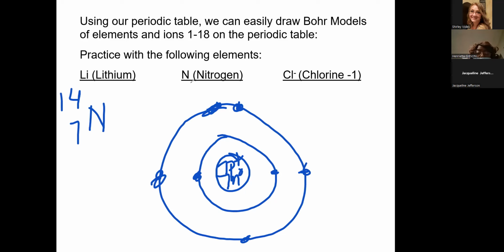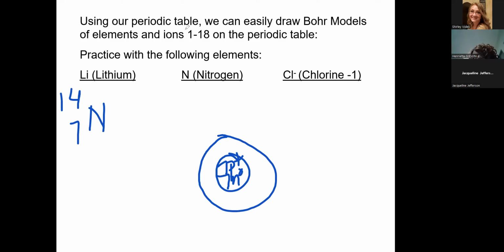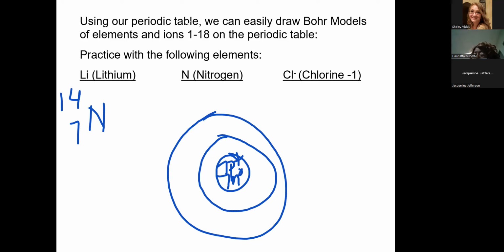This is kind of hard for me. You know what? I'm gonna stamp them instead. Let me clear these things. I'm gonna stamp them. That's what I'm gonna do. I'm gonna undo some stuff. Then I'm gonna stamp my electrons, because that'll make it much easier for me to do.